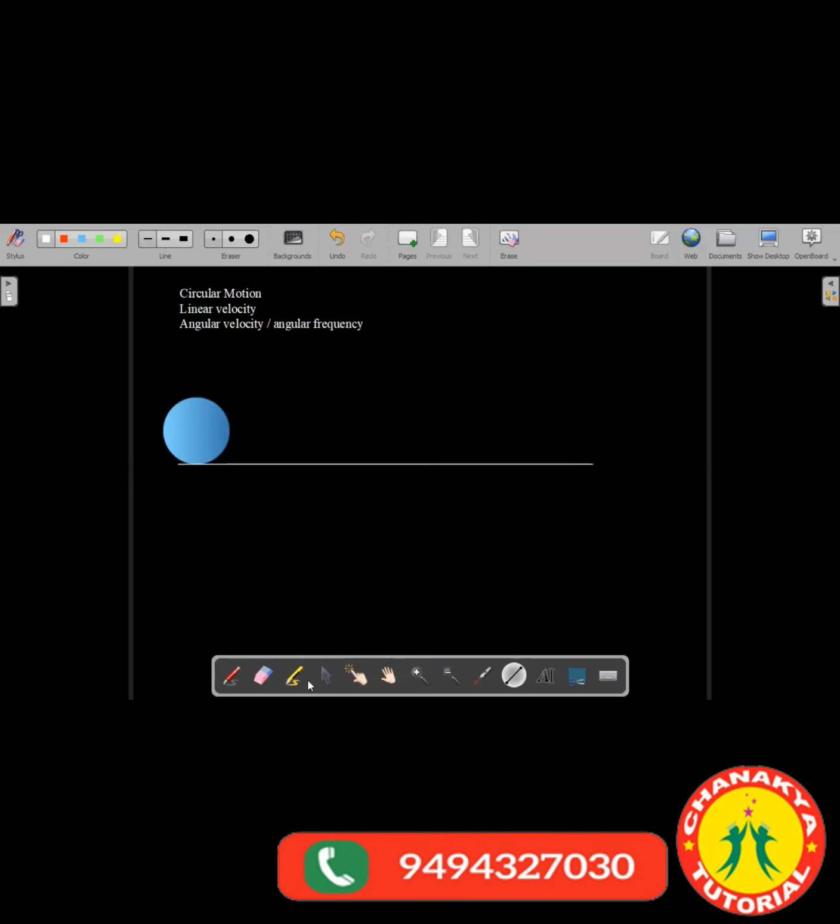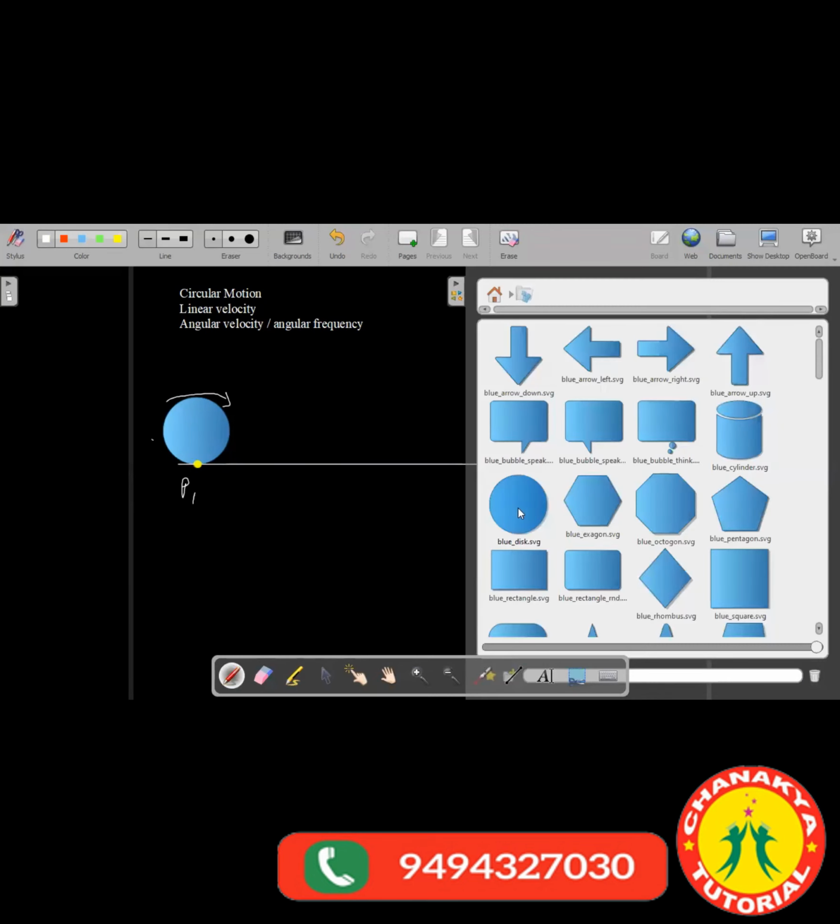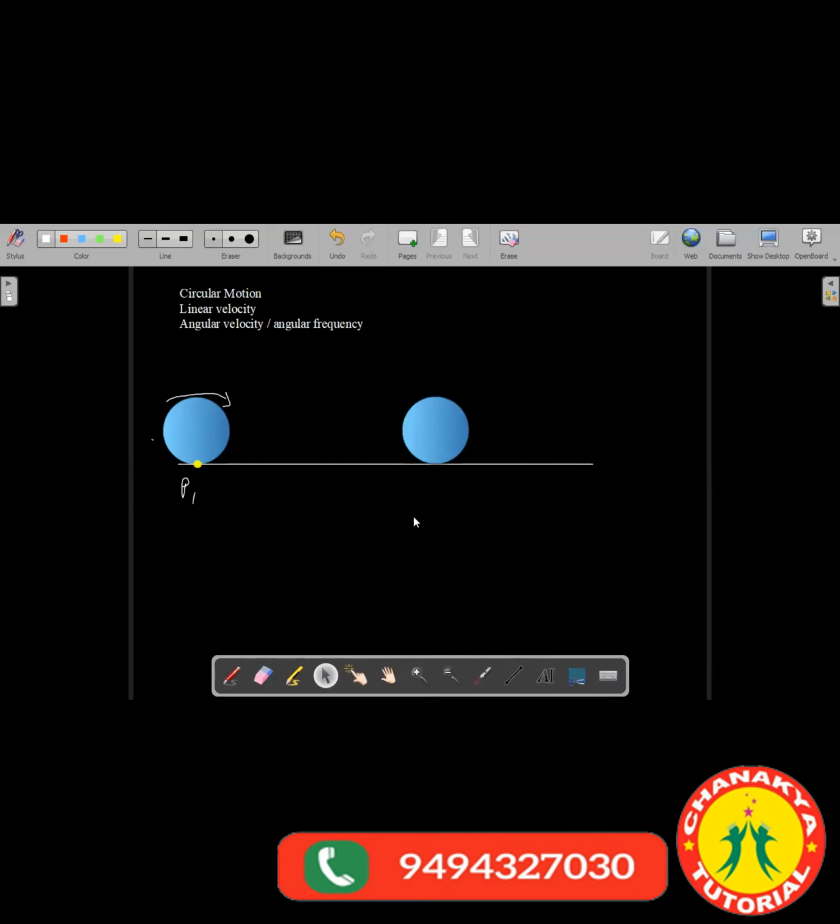Let's say this is the point of contact, the first point of contact that it has with the surface, P1. Now, if it rolls on this surface without slipping, then when the object completes one revolution, during that time it would have traveled a distance equal to 2 pi r. Am I correct?